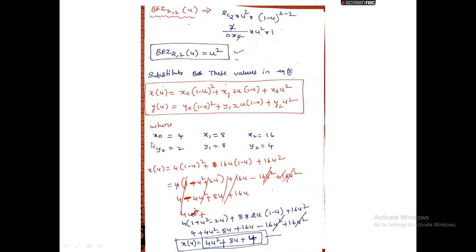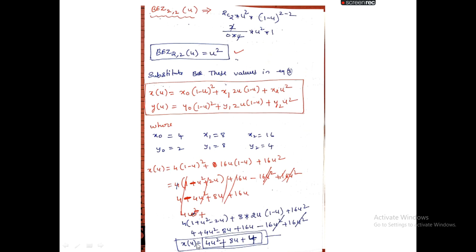Now I will substitute these values in this particular equation. After substituting the x0, x1, x2, y0, y1, y2 values in this equation, I will get a new equation for x of u.